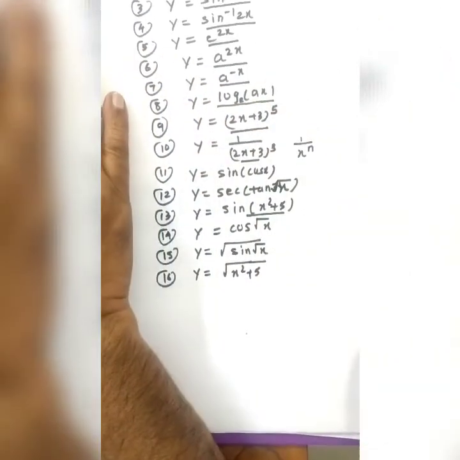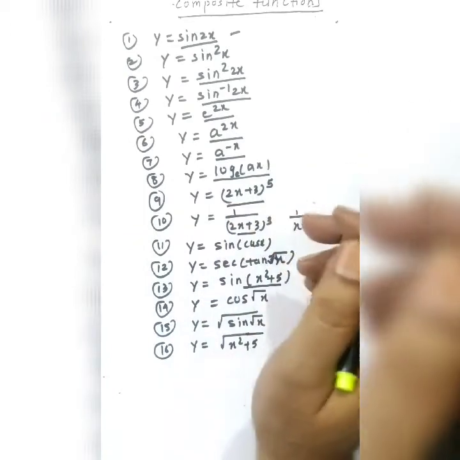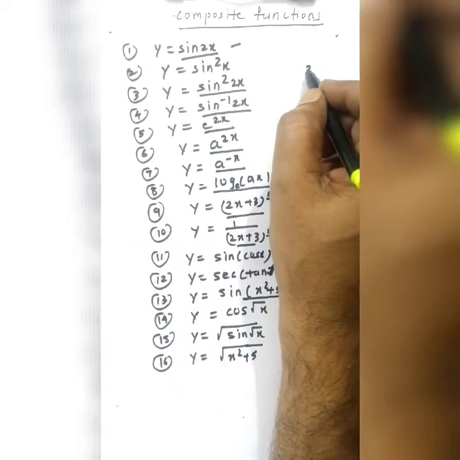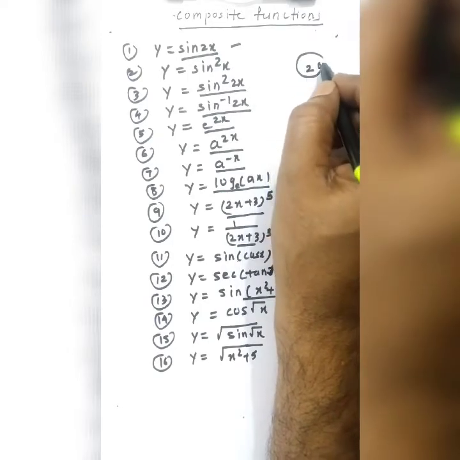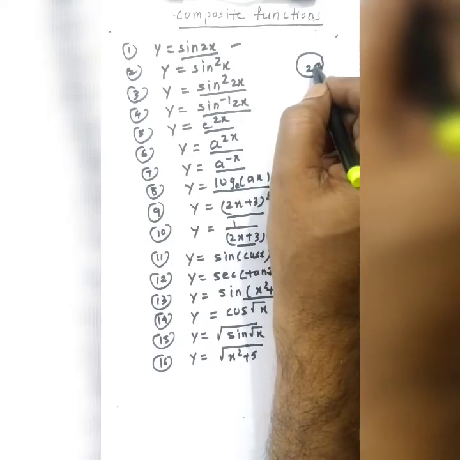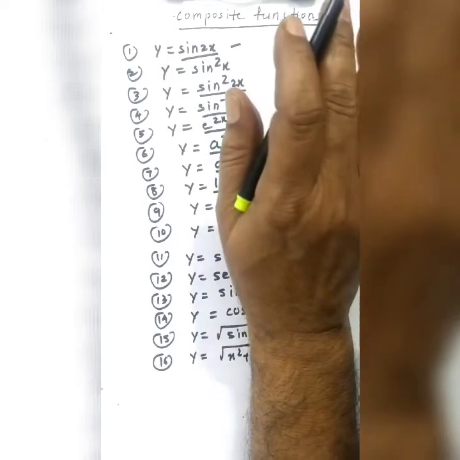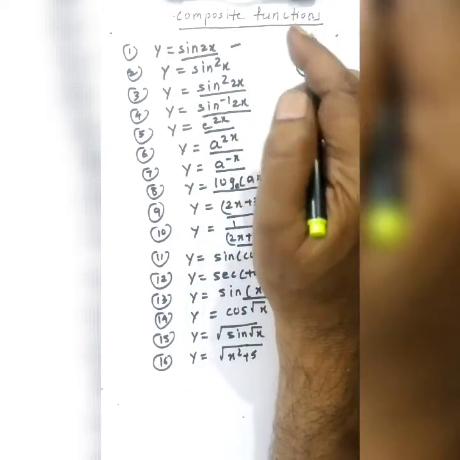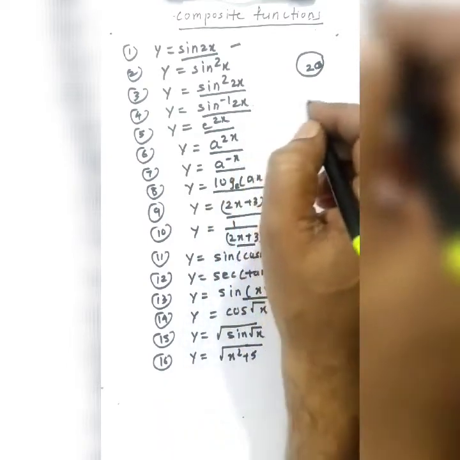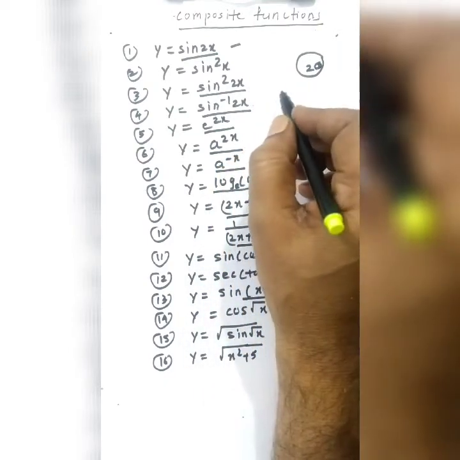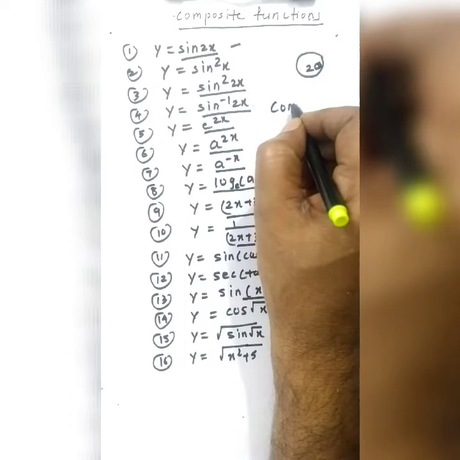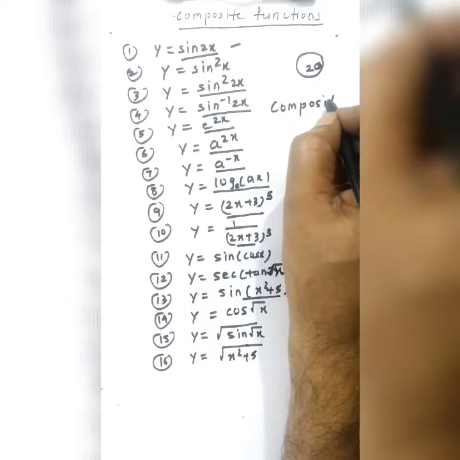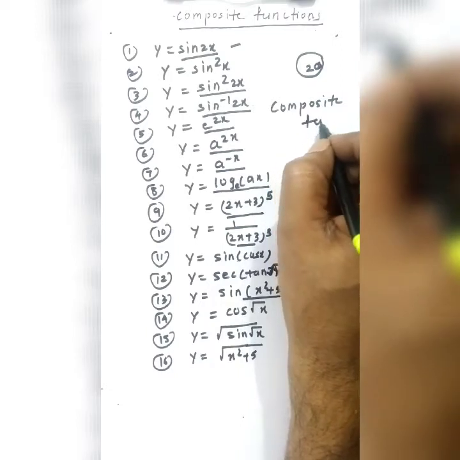So if you see all these functions here, none of the functions fit in our standard forms. That is the 20 standard forms that I have given you. So any function which doesn't fit in the standard form, or if you are unable to use the standard form when the function is given in this form, then we can say these are nothing but composite functions.